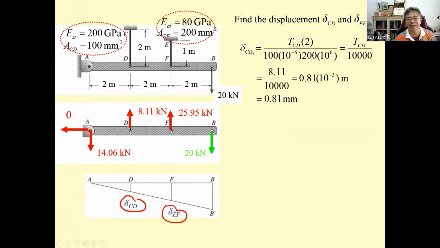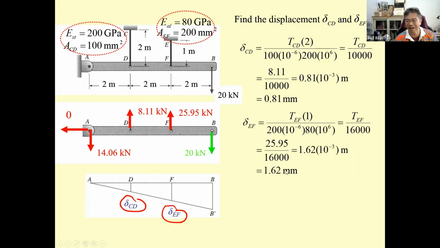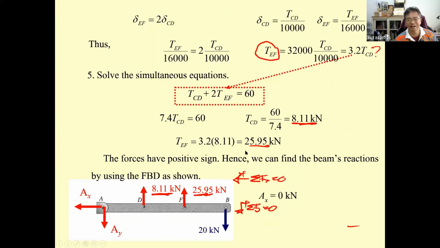Okay, for the delta sub CD, just divide T sub CD by 1,000. That is going to be 0.81, and then you will know this one automatically. It's going to be 2 times by the compatibility condition. Okay, you don't need to compute this one. You may go back to the compatibility condition over here.